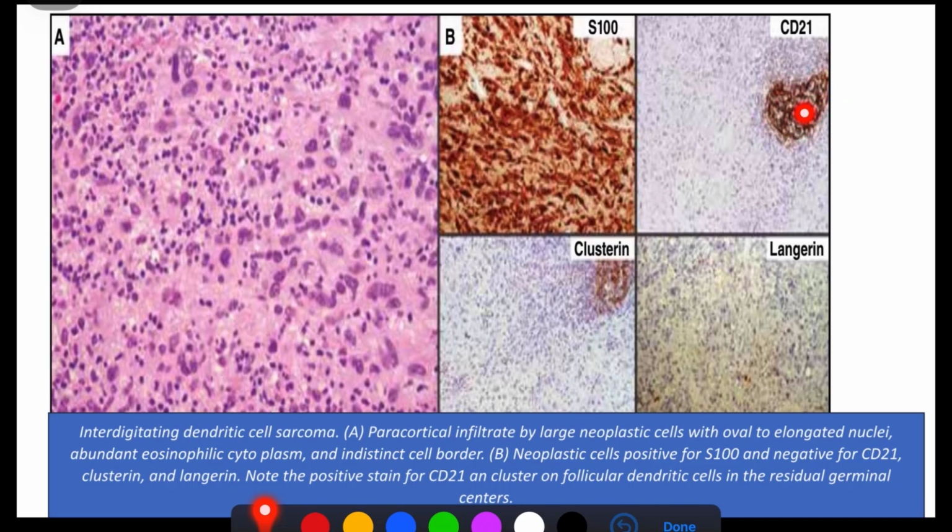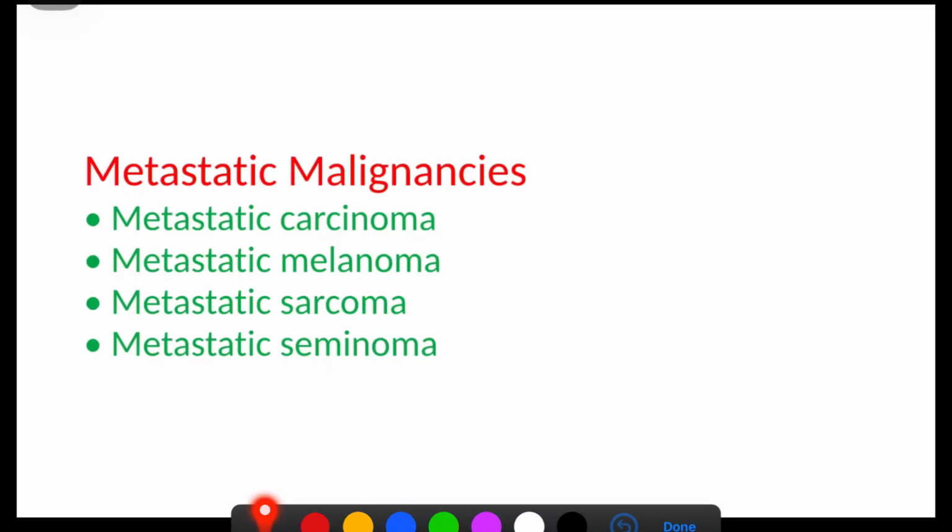So this is normal, not tumor. Clusterin is also negative, and Langerin is negative in this interdigitating dendritic cell sarcoma.